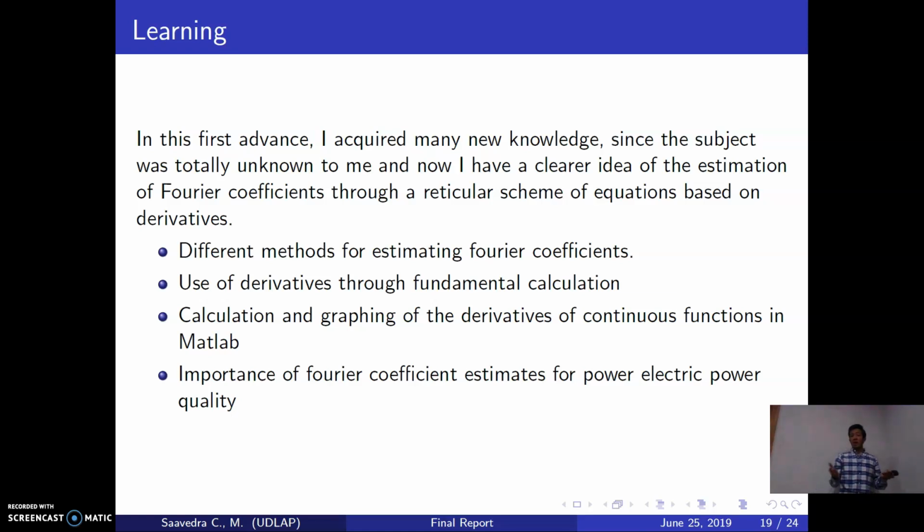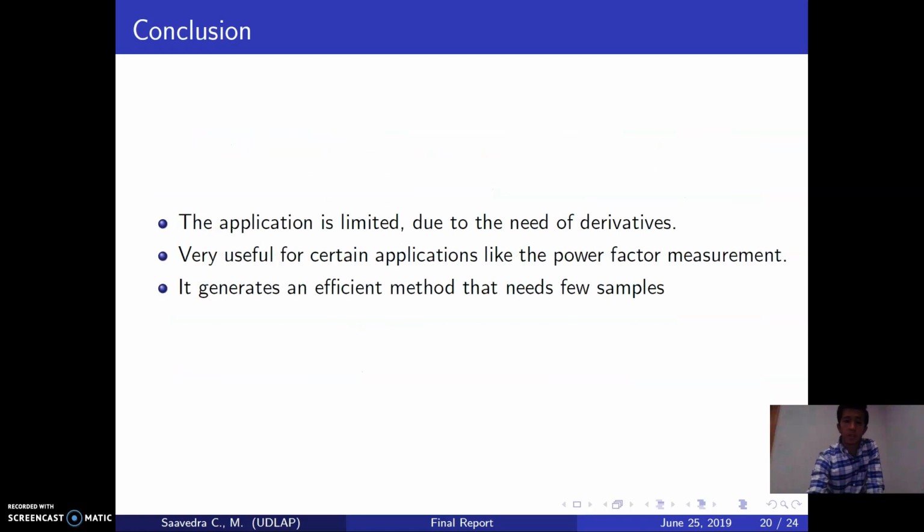And I've also learned different methods for estimating these Fourier coefficients, and the use of derivatives through this fundamental calculation. The calculation and graphing of the derivatives isn't as easy as I had thought, but now I can do that. And I've also learned the importance of these coefficient estimates for electric power and power quality.